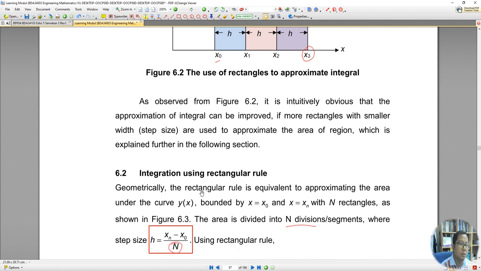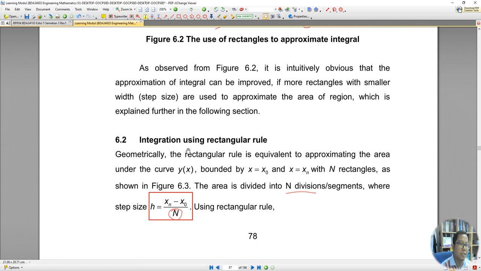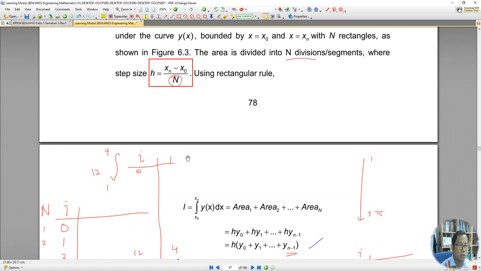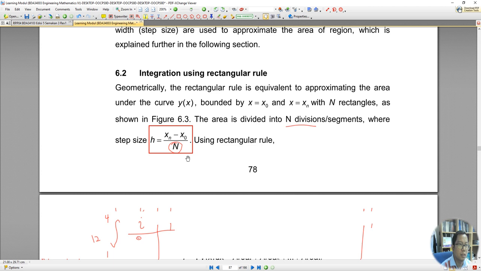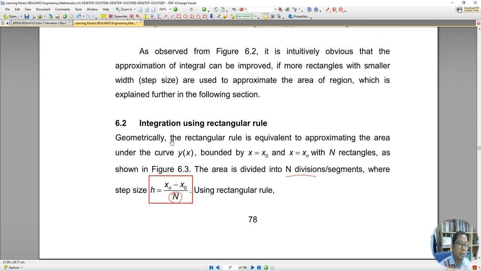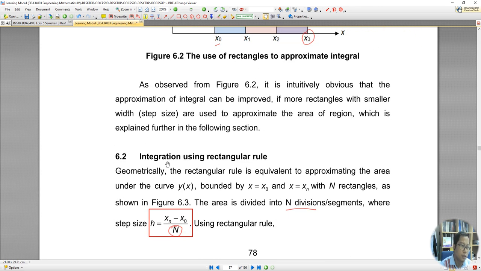Another method is 6.2, integration using rectangular rules. It is the same as before.